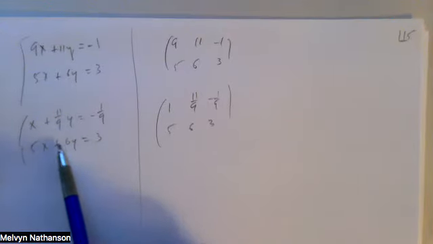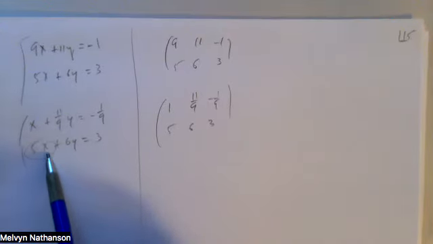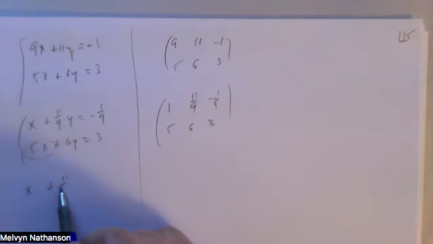The next thing you would do with the equations is eliminate the x from the second equation by subtracting 5 times the first equation. So the first equation is still unchanged.